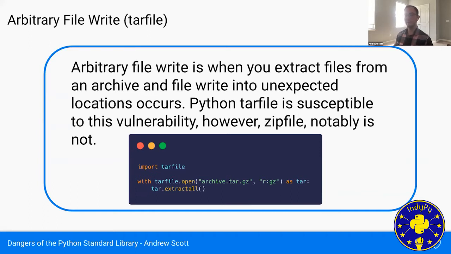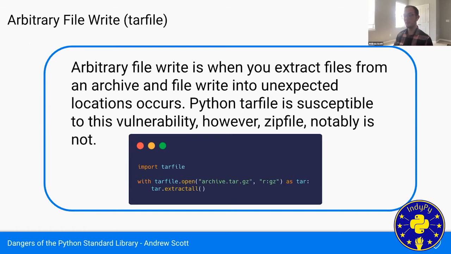You double-click that, and it extracts out to whatever directory you're located in. In tarfile, it is possible that you could create a malicious tar file where, when a user tries to extract it using the tarfile package, it could extract not only to your target directory, but to any other location available on your host machine.